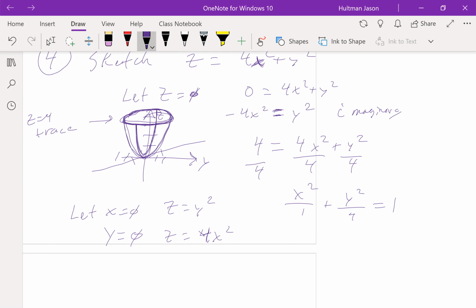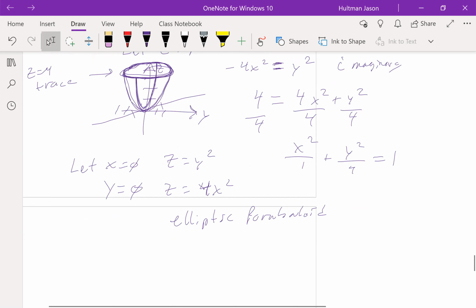And this cup shape is called an elliptic paraboloid.